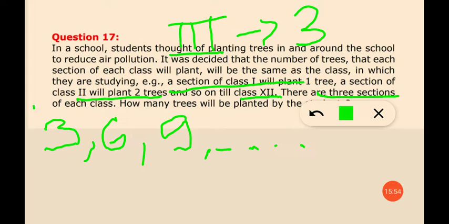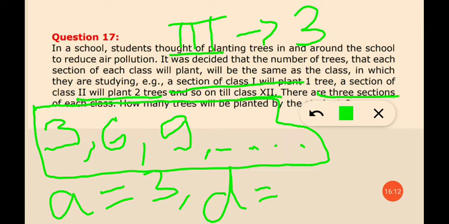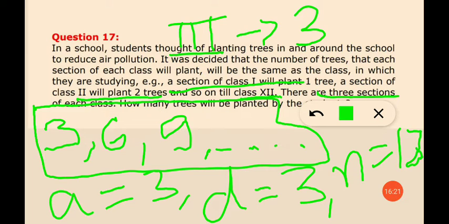So do these numbers form an AP? 3, 6, 9. Yes, it is an AP with a equal to 3, d equal to 3, and what will be our n? Yes, n is equal to 12 because there are classes till class 12.